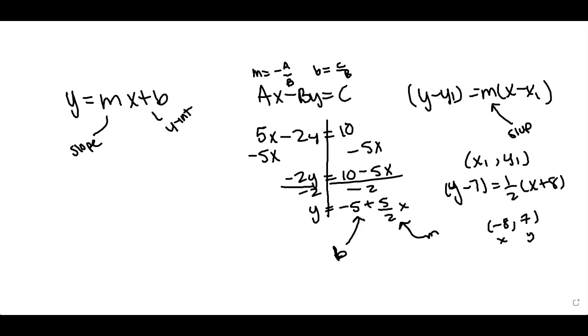This is the x and y ordered pair. Also, remember one thing: I can change this to slope-intercept form. I can distribute the 1/2, giving me y minus 7 equals 1/2 x plus 4. And then I could add 7 to both sides. There's my slope. There's my y-intercept. If you notice, you can always change it to slope-intercept form. Always.